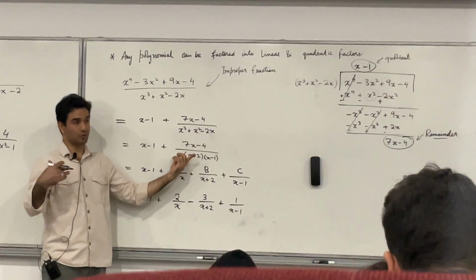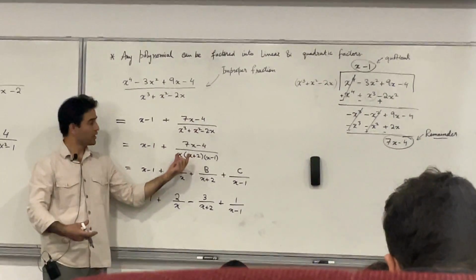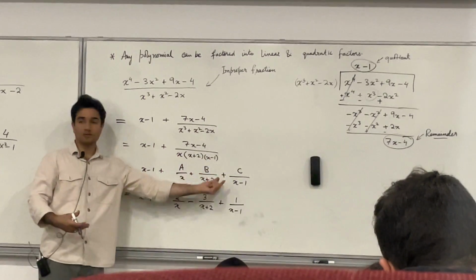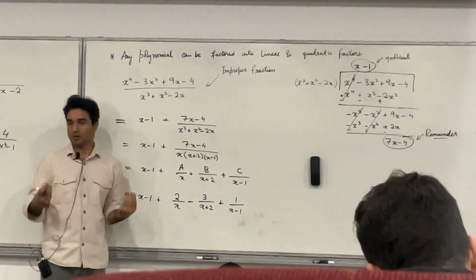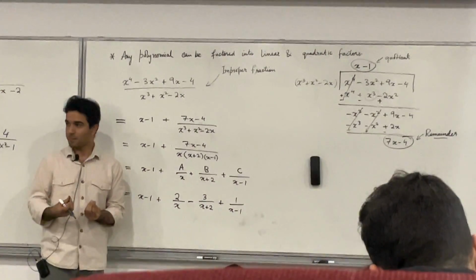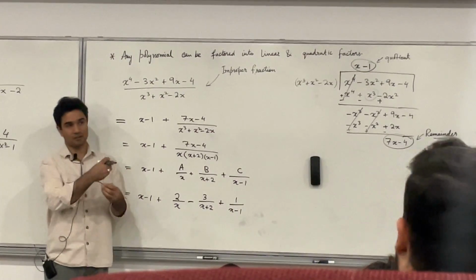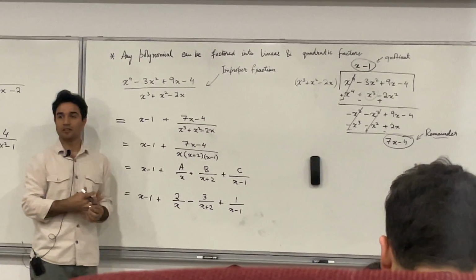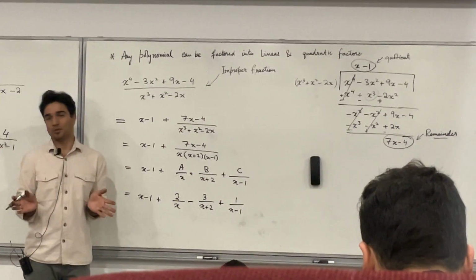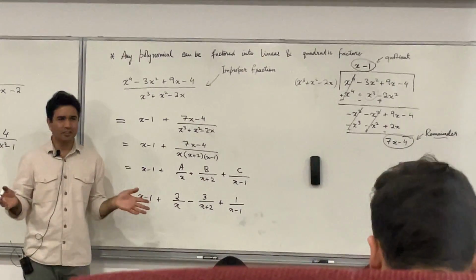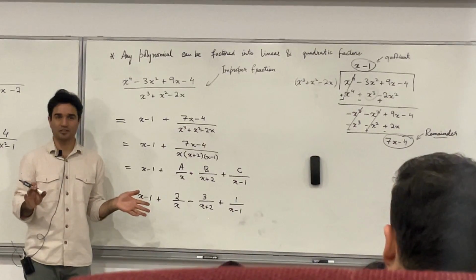You can always go down to linear or quadratics. Then each linear term just gets its own denominator with a constant, and each quadratic term gets a linear term on top. Then you figure out those constants in any way you like. I think your calculators may even tell you what the constants are.